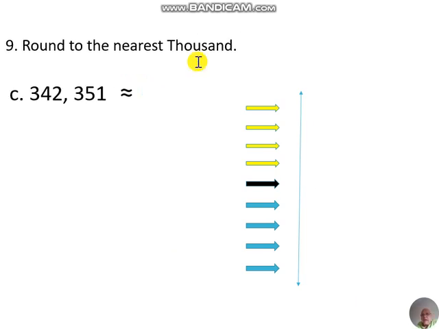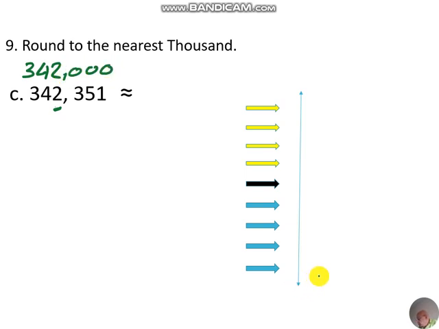Round to the nearest 1,000. This is the 1,000 place here. I turn every digit after the 1,000 place to 0. This is 342, and every digit after the 2 here I turn to 0.